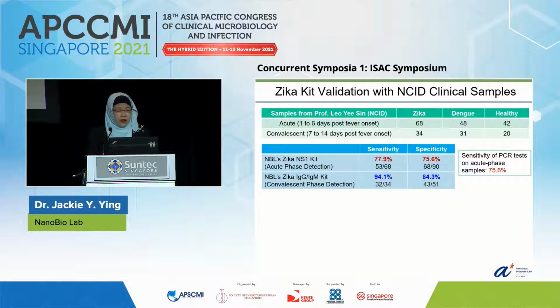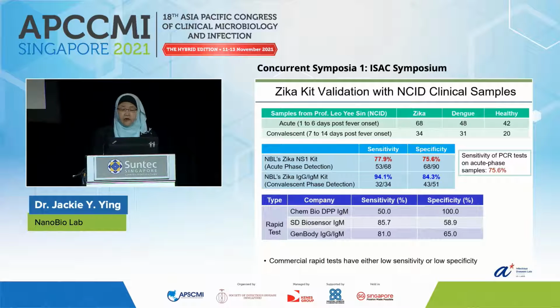In addition, we are able to develop our own IgG, IgM kits, and this gives rise to very high sensitivity of more than 94% and specificity of more than 80%. Okay? It is interesting to note that many of the dengue lateral flow assays were developed before the Zika virus.